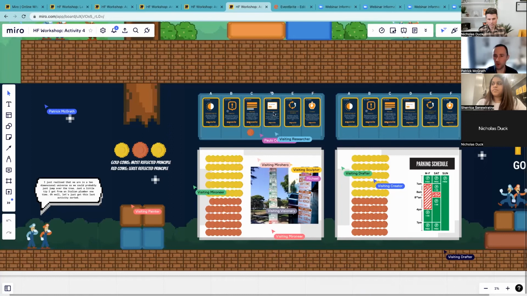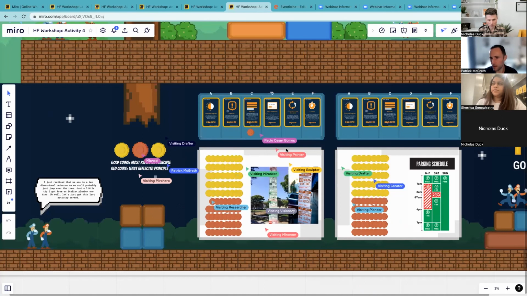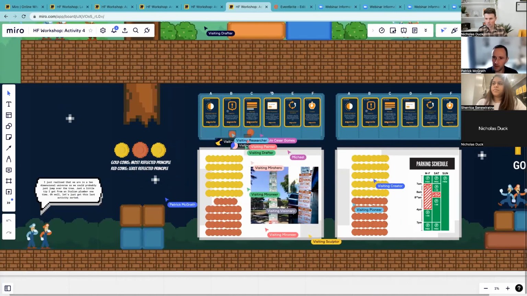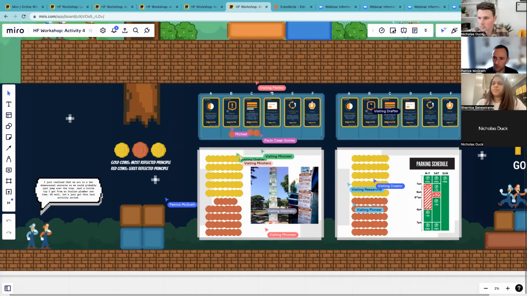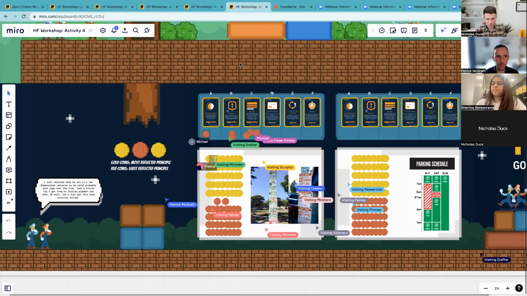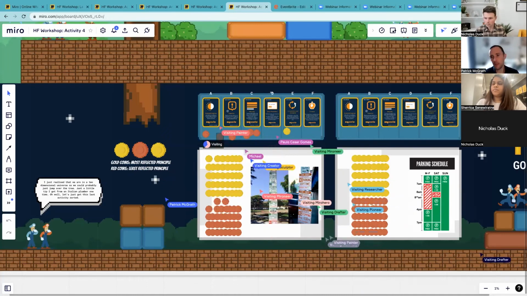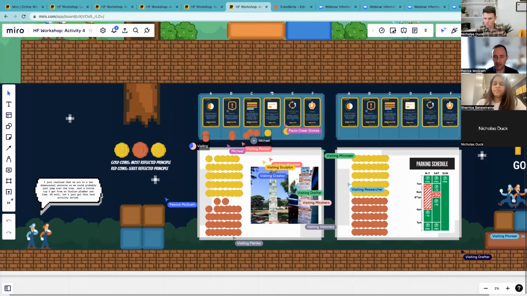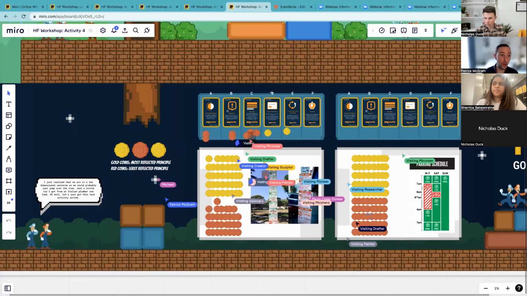What we would like you to do with this particular activity, and don't feel that you need to get stuck into it just yet, but prepare yourself to do so, is to identify which principle you feel is reflected well or best within that particular design, and then select one which you feel is least reflected in that design, or not particularly implemented well, or implemented least well, worst even.